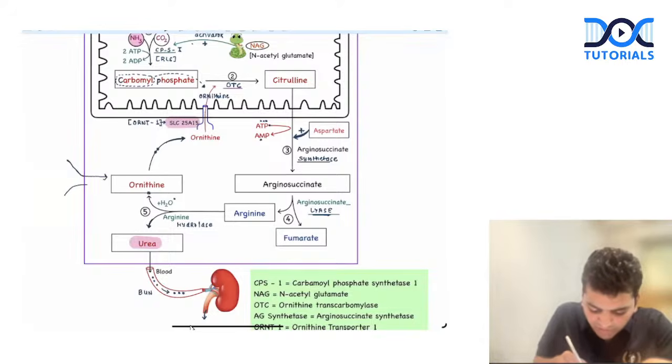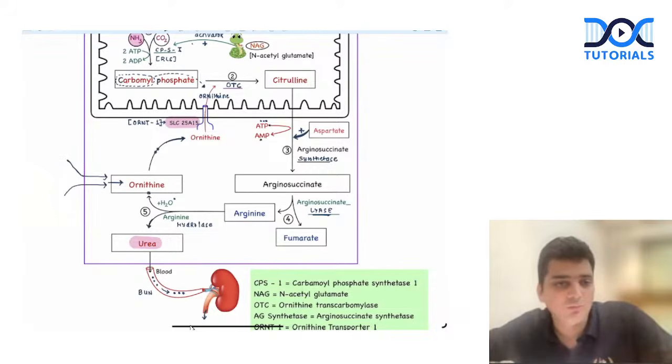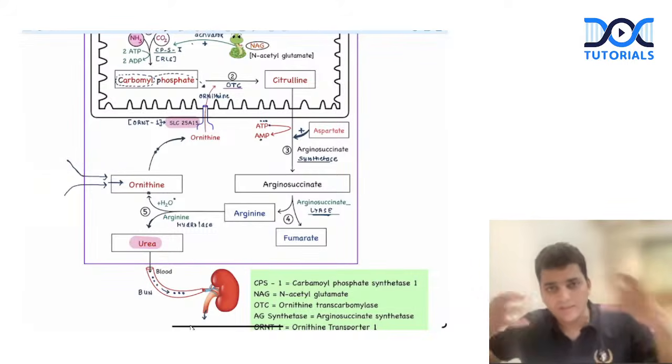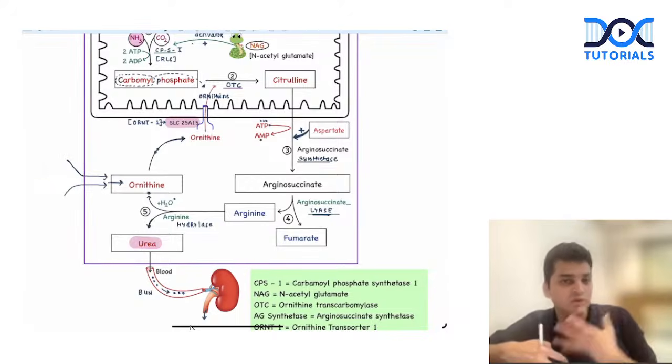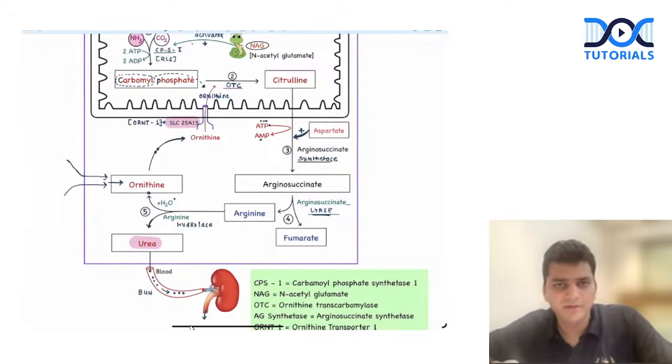Wherever the ornithine we are having, we can bring that ornithine here and use it in the urea cycle. So in the urea cycle, which ornithine are we using? One is the ornithine which is produced there, but whatever other sources of ornithine we have, what we eat in the food also, that ornithine is also going to be consumed here.